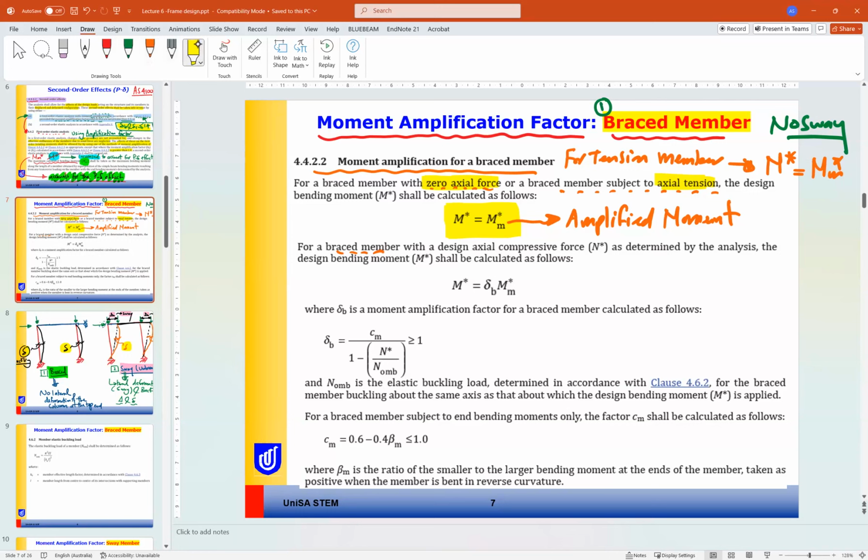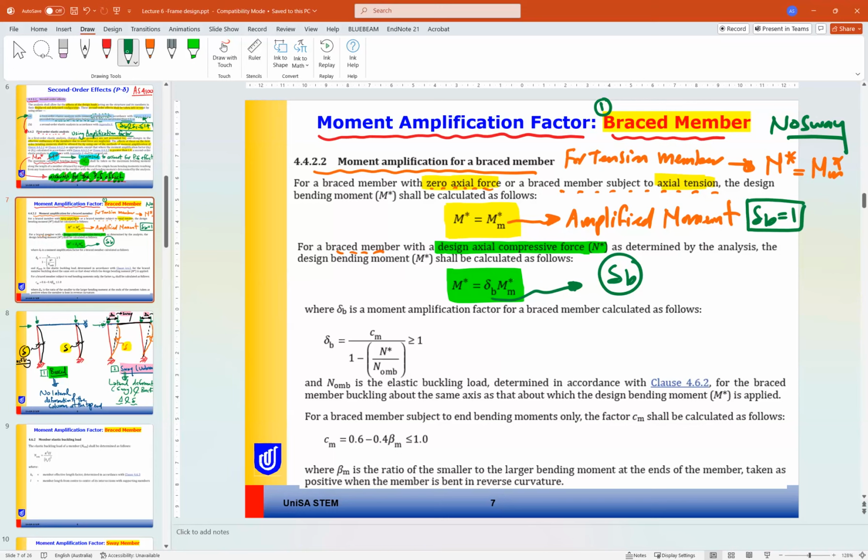But for a member under axial compression, M asterisk M should be delta B times M m. So here we have the moment amplified by delta B. Here delta B is 1 for no amplification. Okay?